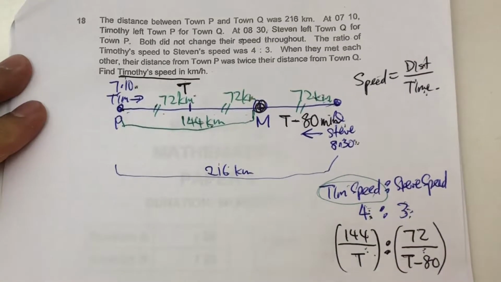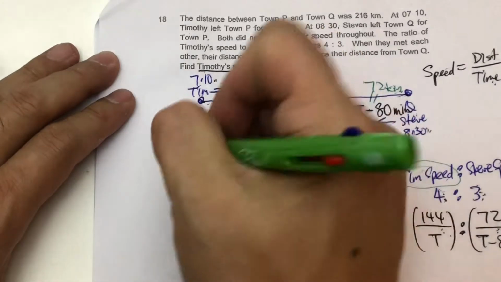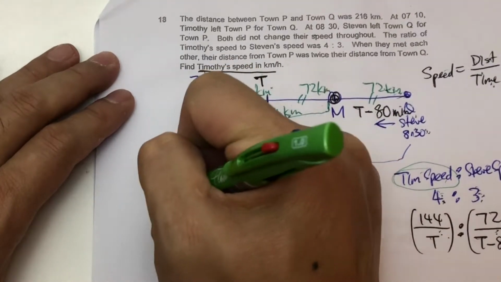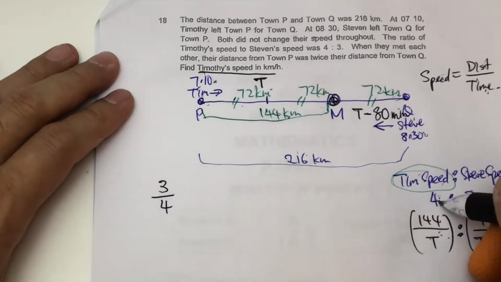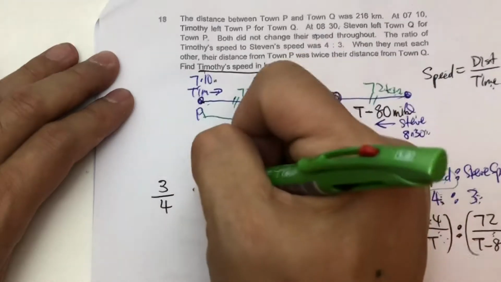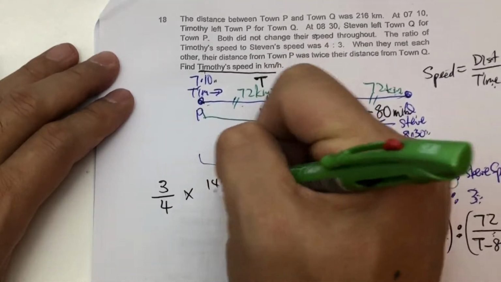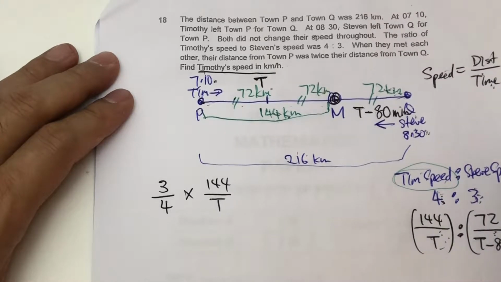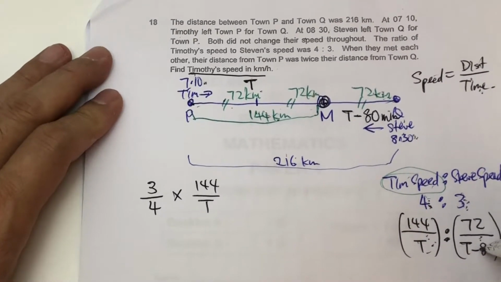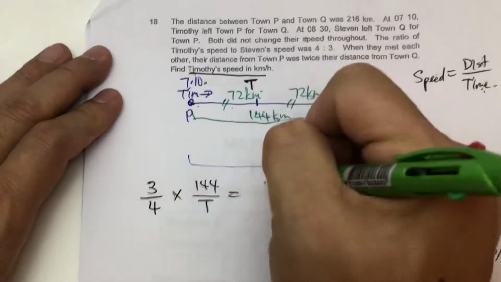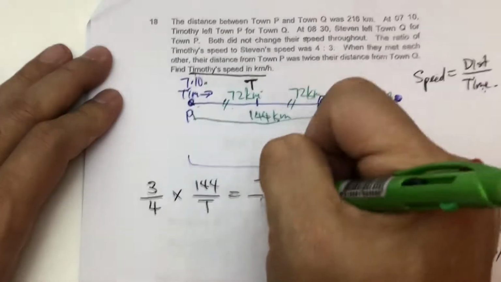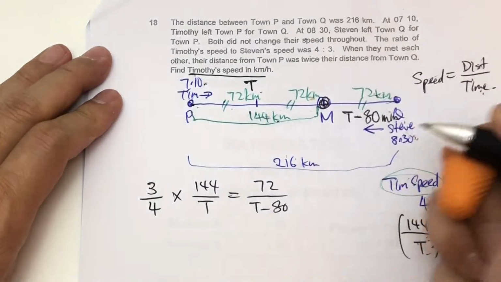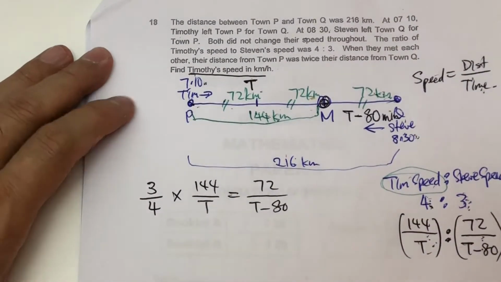So we're going to write that down: 3 divided by 4 times 144 over t equals 72 over t minus 80.